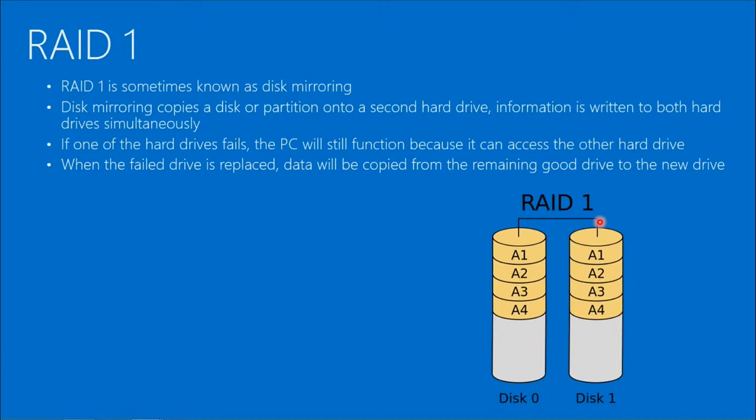Some drives are called hot swappable, which means while they're still powered on, you can remove a drive and replace it, and it will rebuild. Others, you will actually have to turn the system off and replace the drive. It just depends on the level of RAID that you have. Typically, rebuilding a mirrored system, some of the newer ones will do it on the fly with minimal decrease to the system.